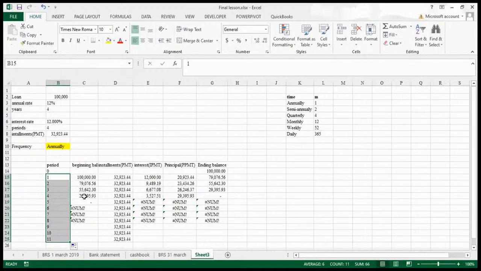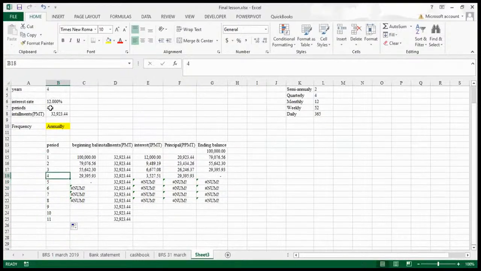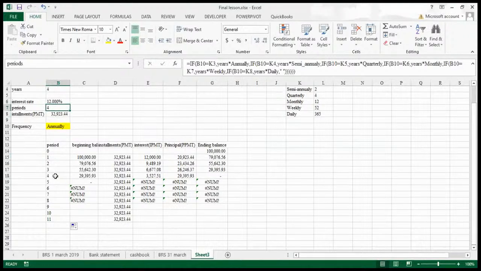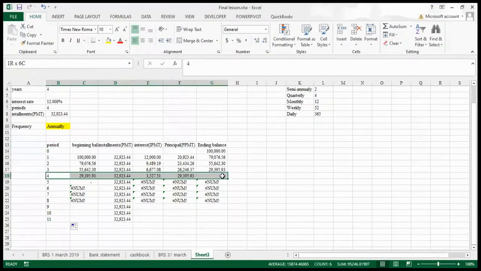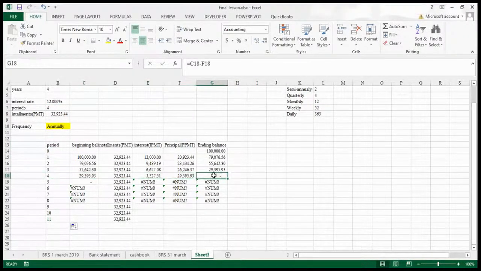So if you see what I have in the last period, this loan should be paid up to year 4. So in year 4, I'm making the payments here and there is no ending balance. But if you check my schedule here, I have some values extending and some errors here.